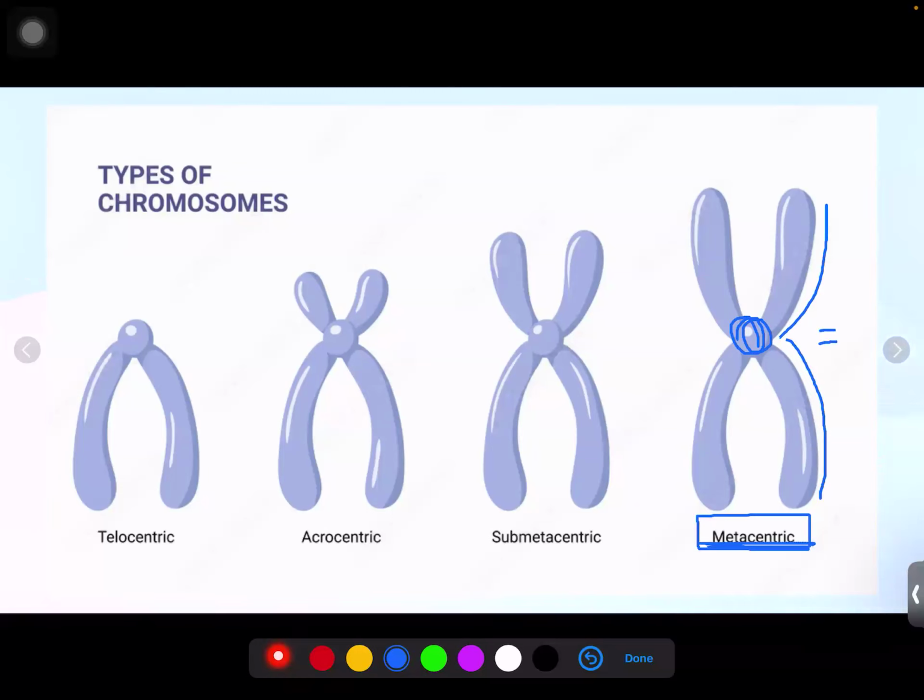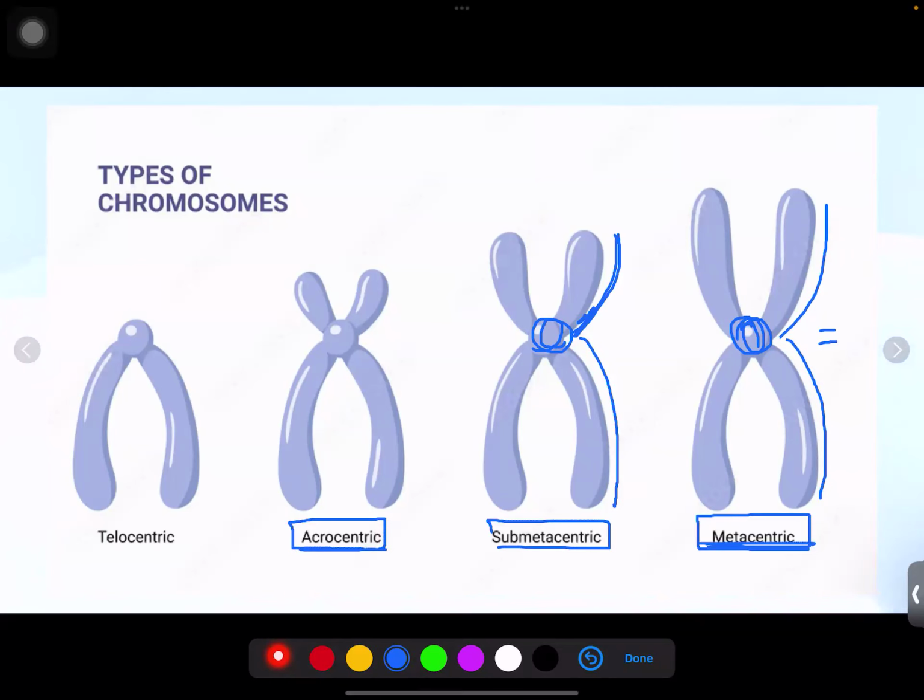Okay, if the centromere is not at the center, but close to one end, so one arm is short and the other is long, then this is called submetacentric. And the third type is called acrocentric. Acro means the centromere is very near to the end. It has a very short arm, and the second one is the long arm.